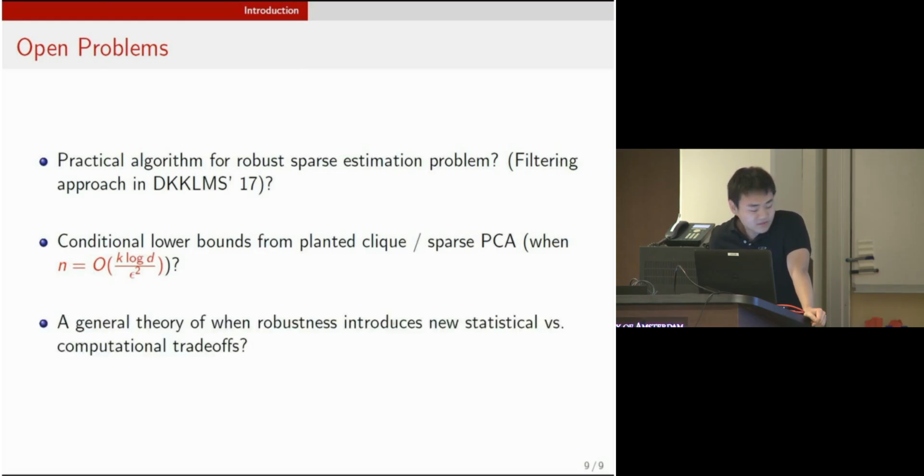The last one is that we have shown robustness introduces some statistical versus computational trade-off, like the k versus k squared issue in our problem. Can we develop a more general theory for robustness in this setting?